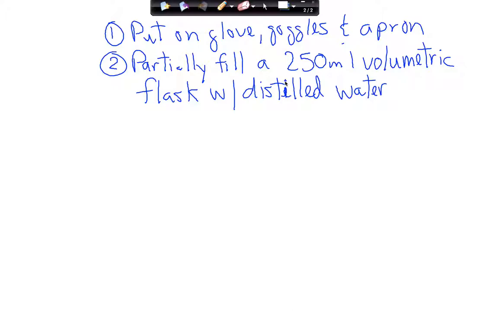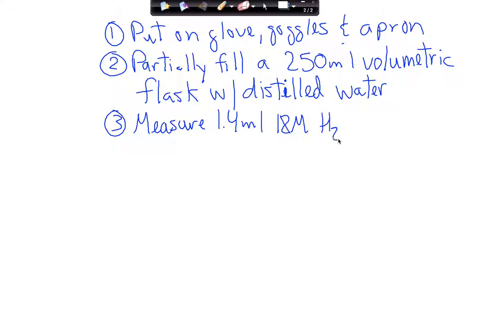Okay, now what we need to do is get our acid. 1.4, is that right? Okay, so now we do this. Measure 1.4 milliliters 18 molar H2SO4 using a pipette.